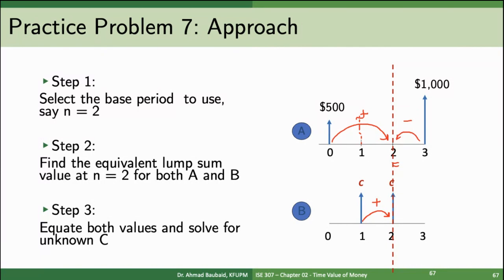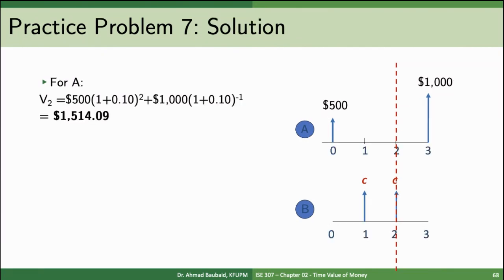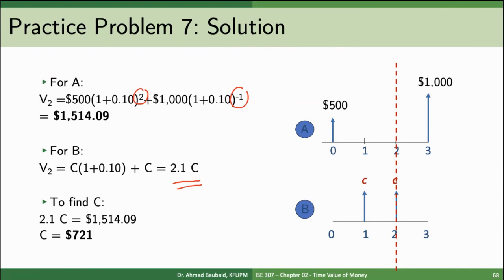And then, like Mazen said, you equate both values and then you solve for C, right? And so this is what it looks like. Just going over it quickly. Here again, they're moving the 500 2 time periods into the future. They're moving the 1,000 1 time period backwards. They're going to get a value. And then for B, they're doing the same thing, except that the value they get is now in terms of C. And now I can just put the 2 equal, remember, because of equivalence. I want them to be equivalent.